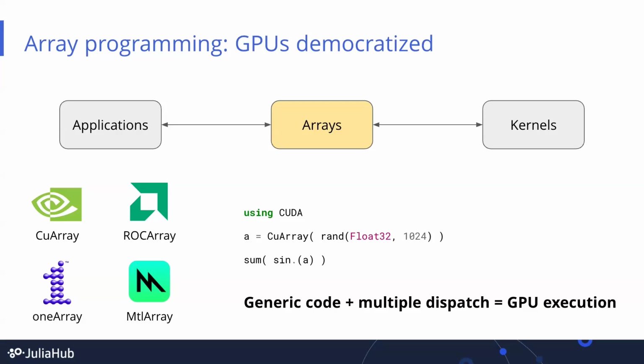It also benefits from the fact that much code in Julia Base is fully generic, meaning that it can equally well operate on CPU arrays as it would on GPU arrays. If Base was locked down on the CPU array type, it would not be possible for us to feed GPU arrays into it and reuse all of the code. So the beauty of generic code and multiple dispatch makes it possible to reuse lots of code and execute it on the GPU.